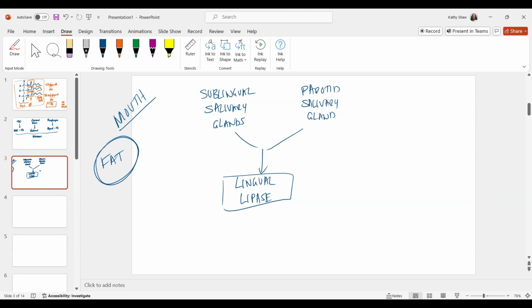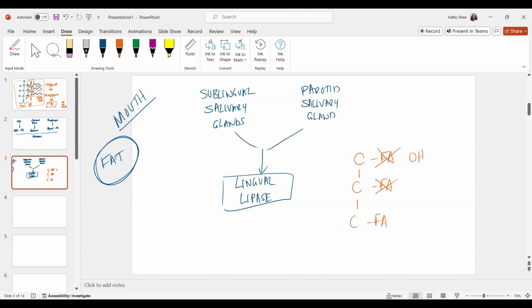So I'm going to get very abbreviated in how we're going to draw that. We're going to draw the 3 carbons for the glycerol backbone. We're going to draw the fatty acids, just FA, because we went over the structure. And what our lingual lipase is going to do is break off 2 of the fatty acids.